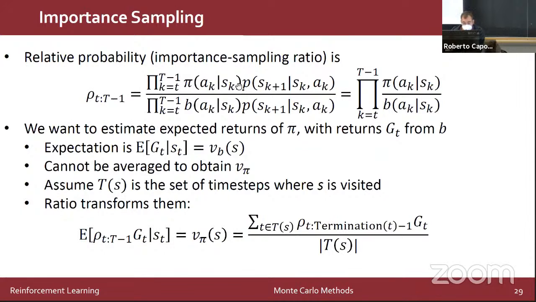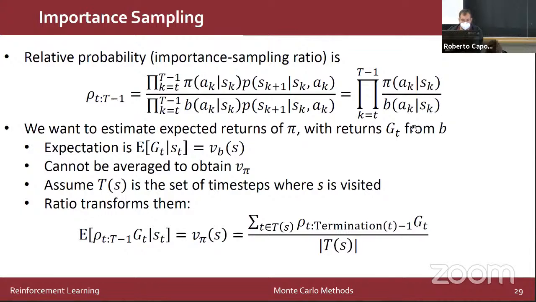Just again to repeat, the trajectory is generated by B. So this is the probability of the trajectory that is generated by B, while this is the probability of the trajectory as if it was generated by pi, even if it is not. So why do we want to do this kind of ratio?